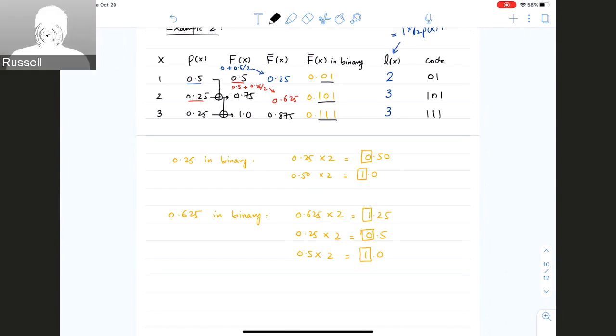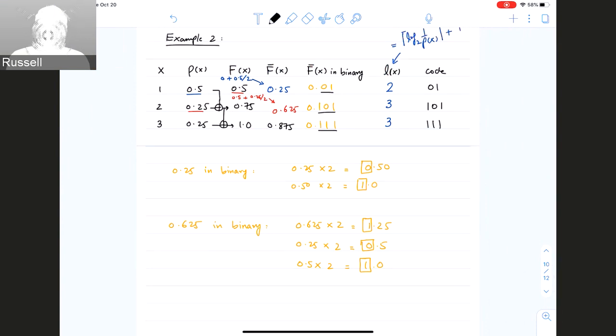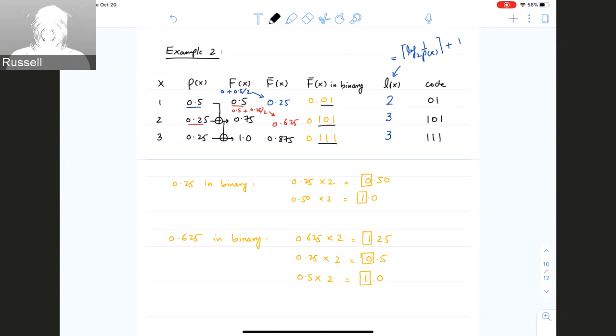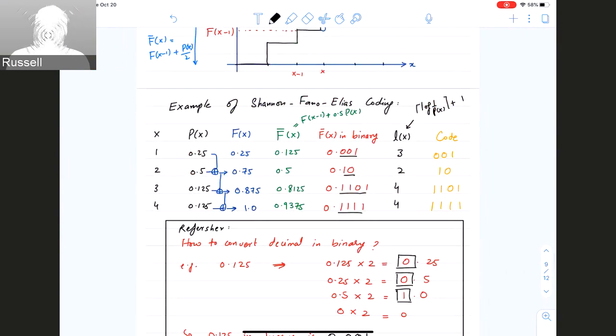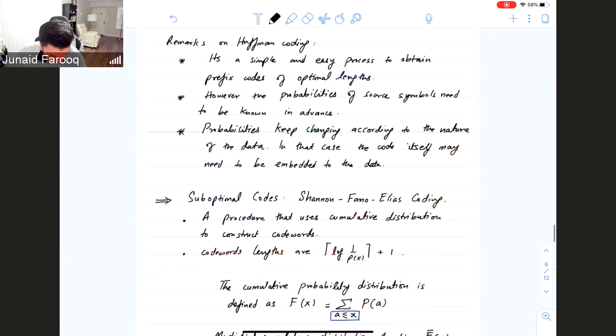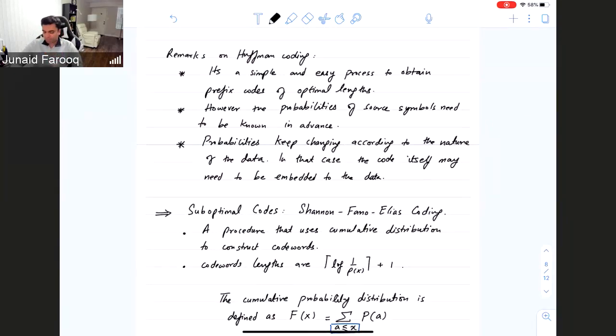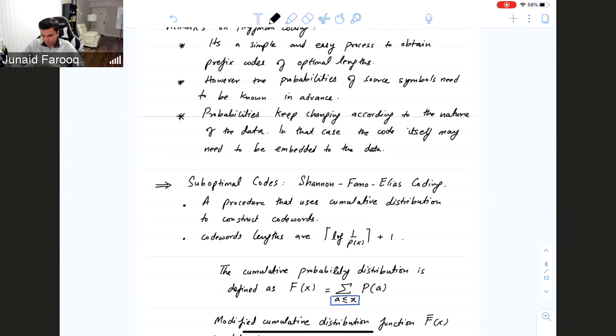Also, does this always create prefix codes? That's a good question. I have to check. I kind of suspect it does. There's no guarantee it will, but so far it kind of has. You're right. Let me just verify this one more time. No, it does actually. It does create prefix codes, but it's not minimizing the expected length.